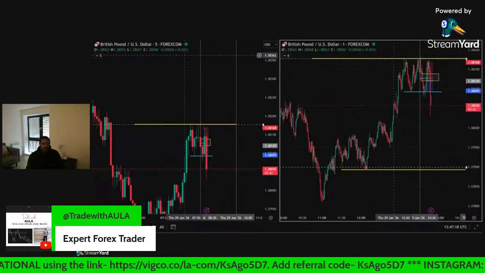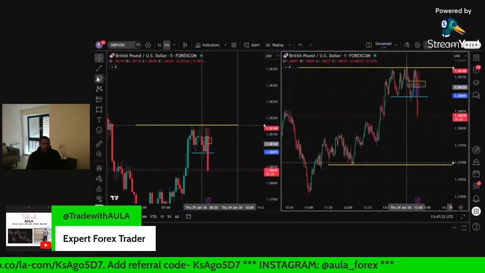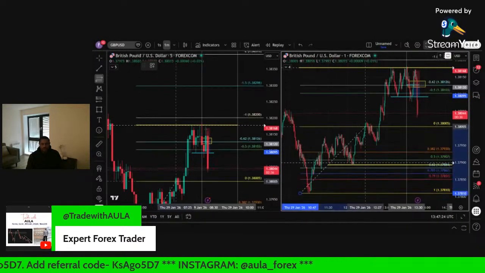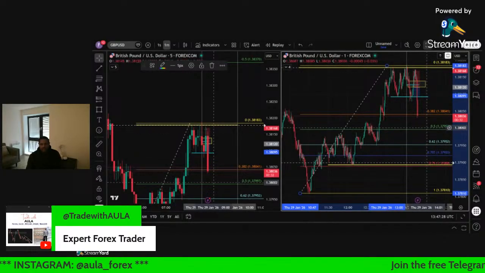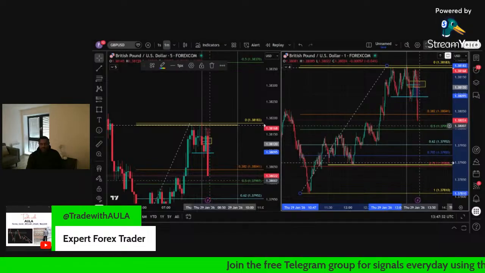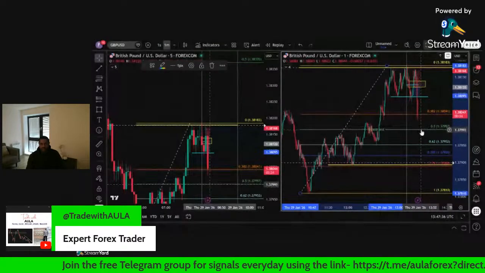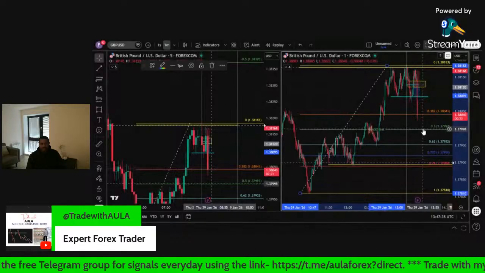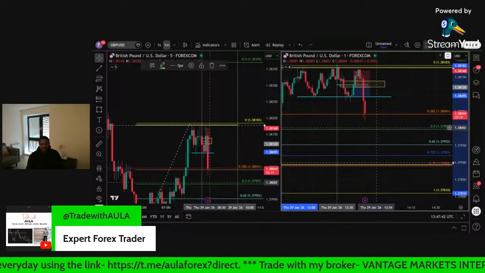So let me get my Fibonacci. Oh my God. I should have put this where I wanted to take profit, this area, and see price is coming there. Price would have hit take profit very quickly. You can imagine.